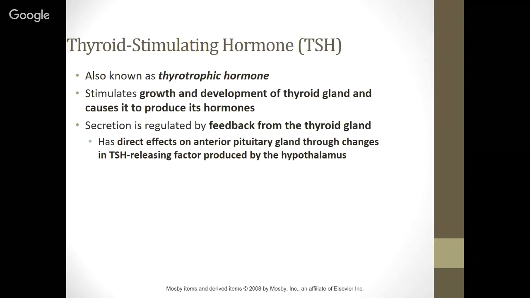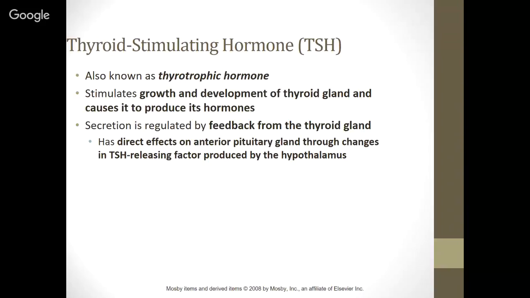Thyroid stimulating hormone is known as thyrotrophic hormone. It stimulates growth and development of the thyroid gland and causes it to produce its own hormones. Secretion is regulated by feedback from the thyroid gland. It has direct effects on the anterior pituitary gland through changes in TSH, or thyroid stimulating hormone releasing factor, which is produced by the hypothalamus.